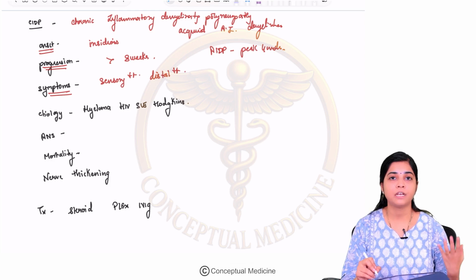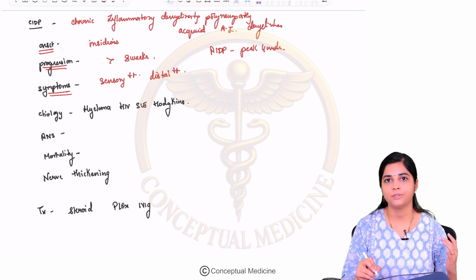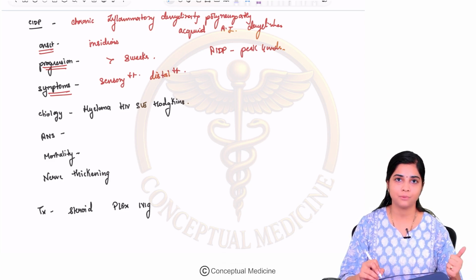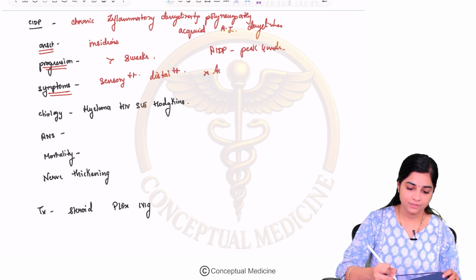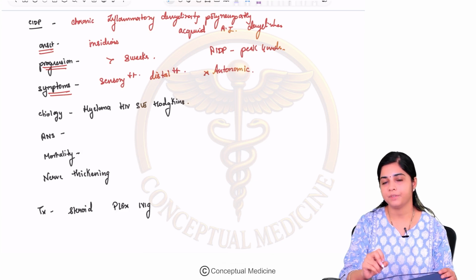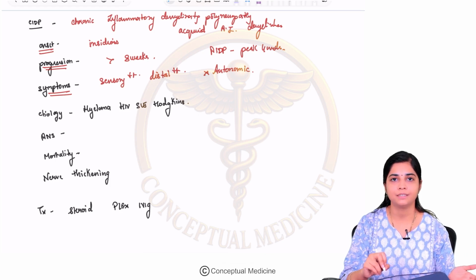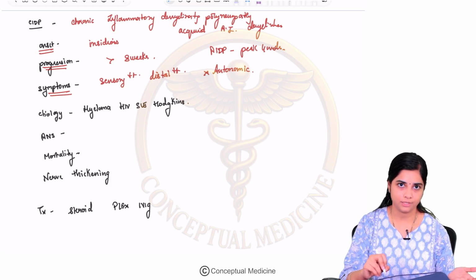Okay, so it's not a fulminant flaccid paralysis that you are going to get, right? Here you will have a slightly slower progression of disease with more sensory symptoms, more distal symptoms, and there is no autonomic involvement as you see in AIDP. So they do not require a mechanical ventilator. They do not have this kind of a progression.